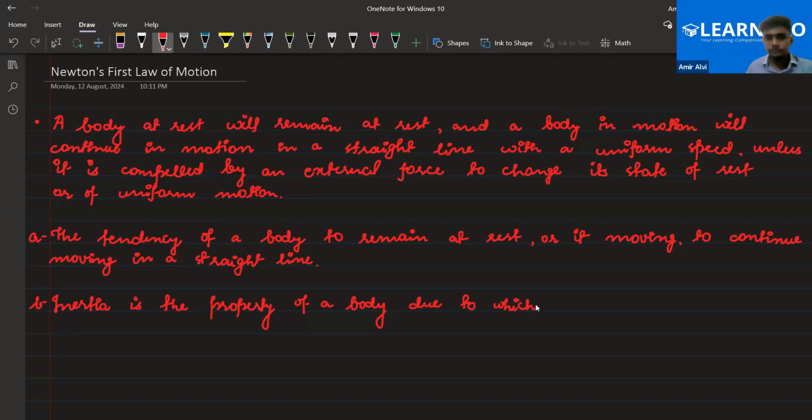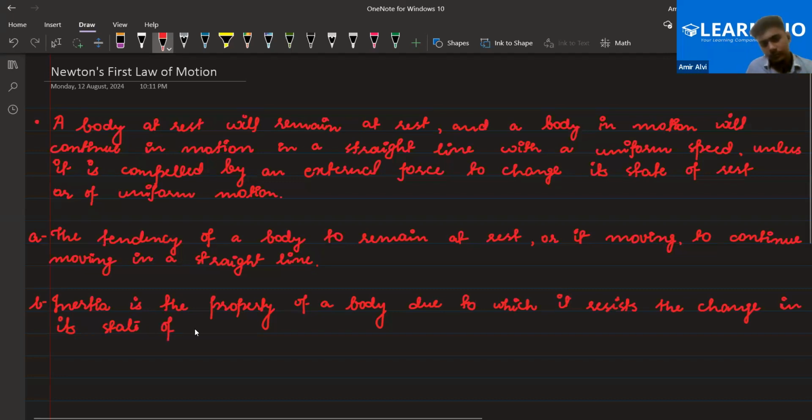Due to which it resists the change in its state of rest or of uniform motion.